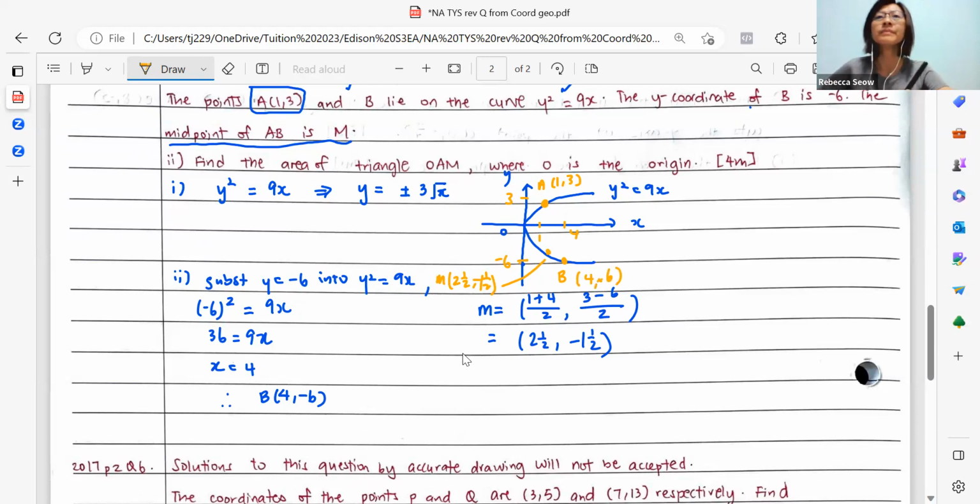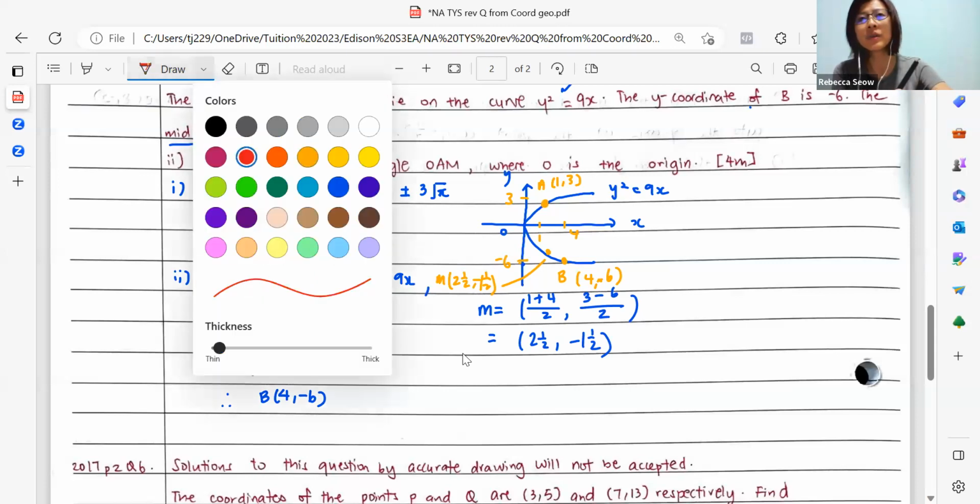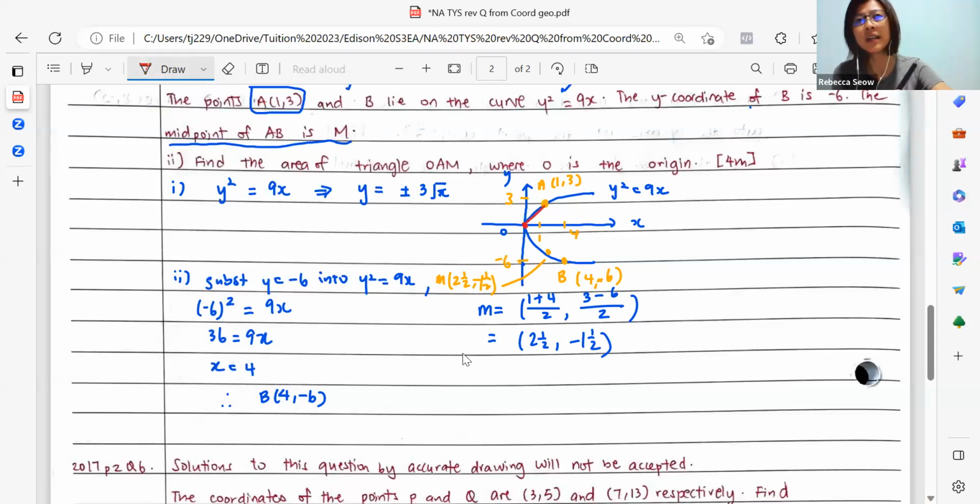The question wants us to find OAM. Where is OAM exactly? O is the origin, A, M. Now, we can find this using the shoelace method. So how do we find the area of OAM?